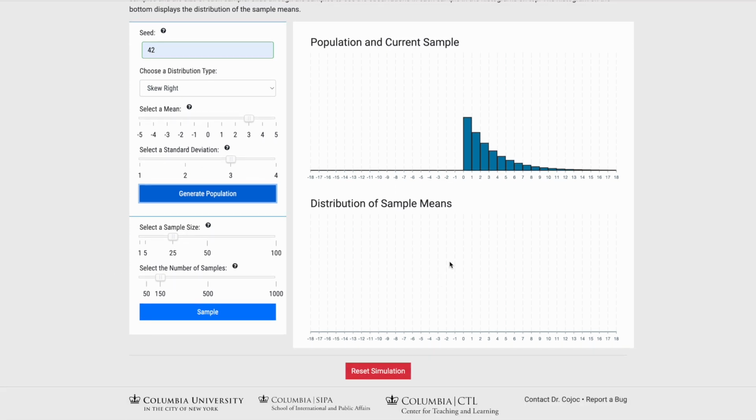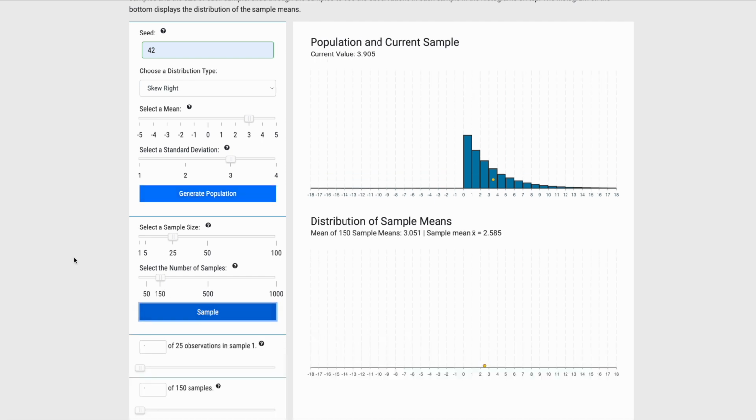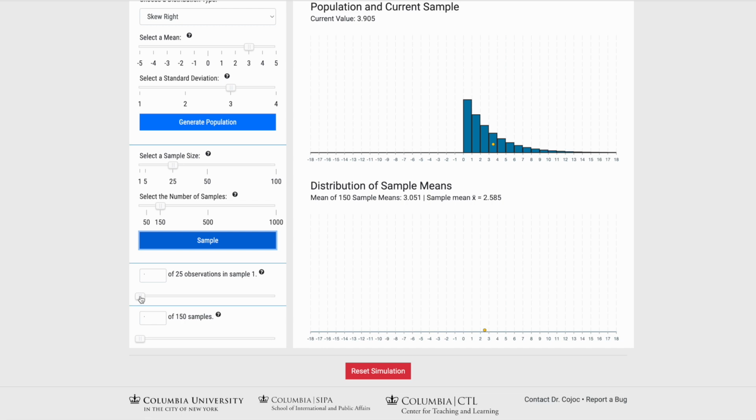Now let me generate the samples. My initial sample size is 25 and the number of samples I'm taking is 150. This is the 25 observations in sample 1, and let me start. You see the dots happening.